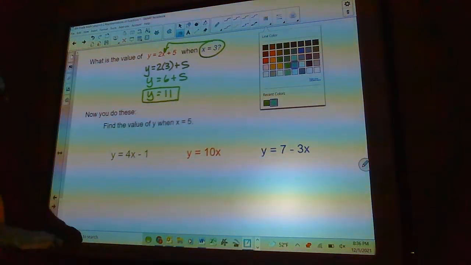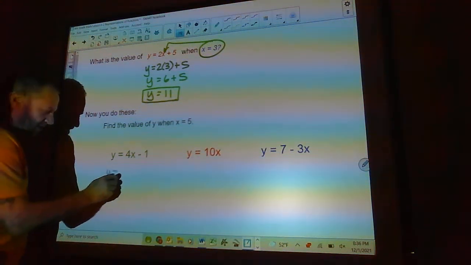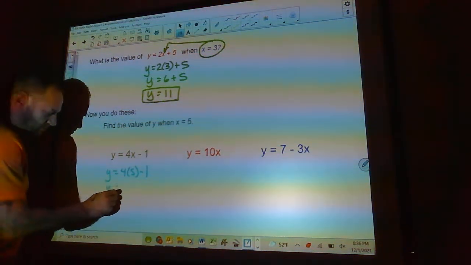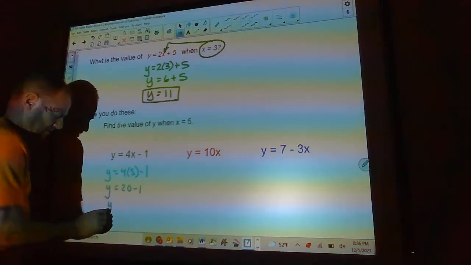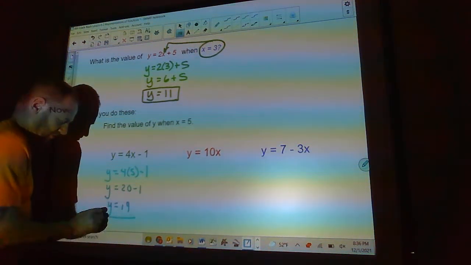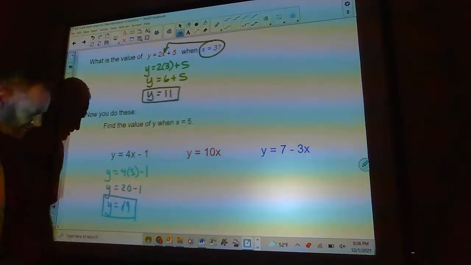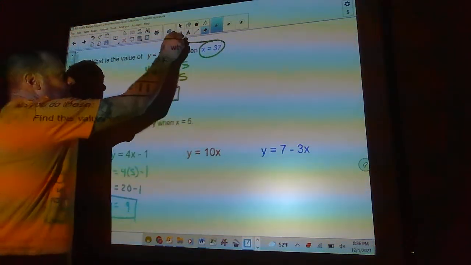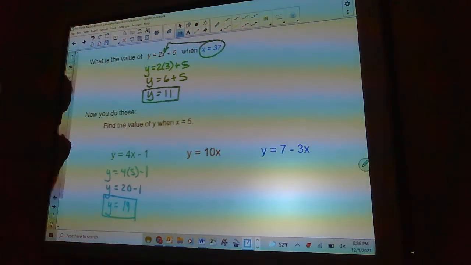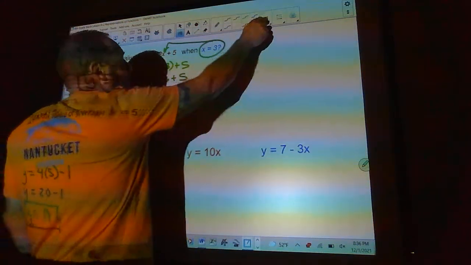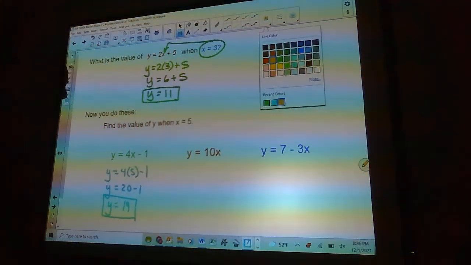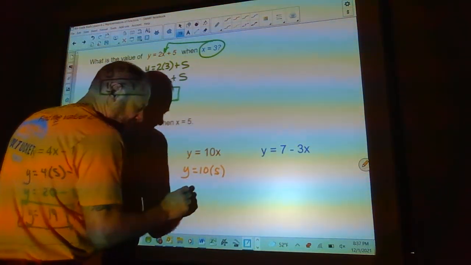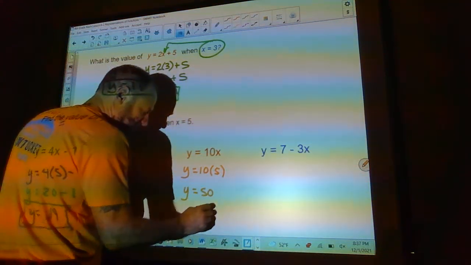Okay, so this first one here, we're going to take 5 and we're going to plug it in here. So we get y equals 4 times 5 minus 1. So y is going to be 20 minus 1. And y is 19. If you didn't show your work, then you didn't do it right. And that looks awful, so we're going to fix it. Okay, next up. Y is 10x, so we're going to substitute in the 5 for the x, and 10 times 5 is 50.